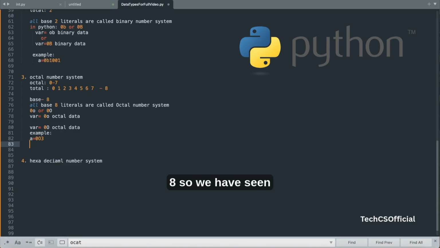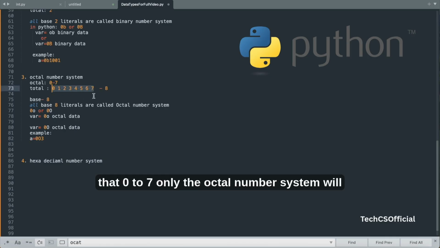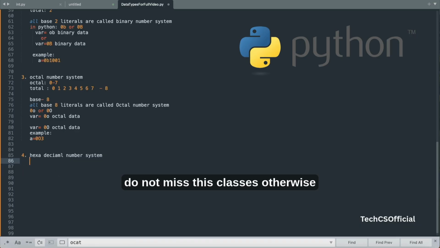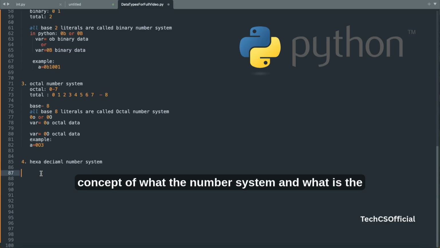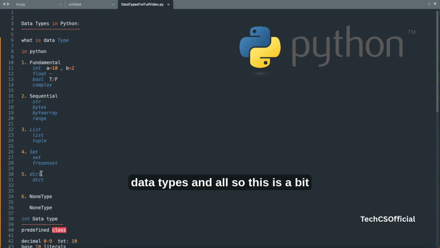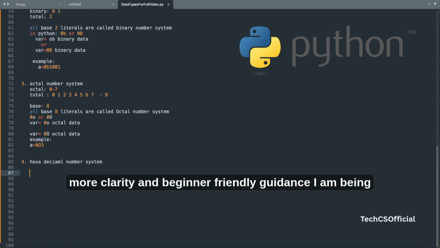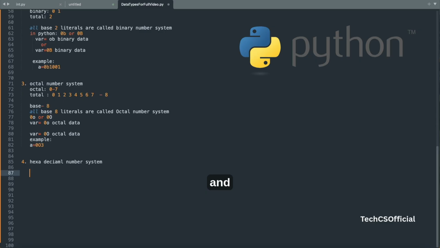Don't specify 8. We have seen that only 0 to 7 are in the octal number system. So do not miss these classes, otherwise you will not understand the complete concept of number systems and data types. This is a bit more clarity and beginner-friendly guidance I am giving.